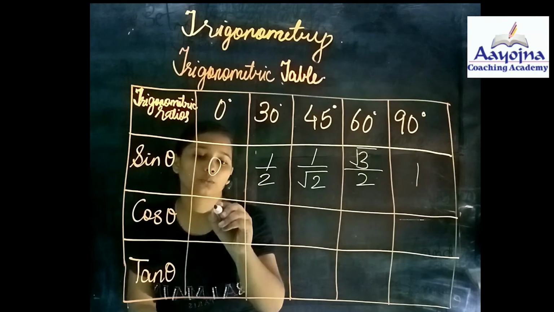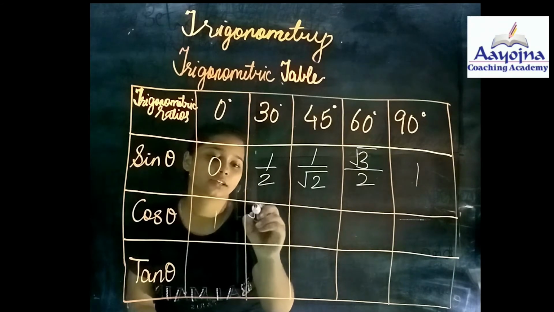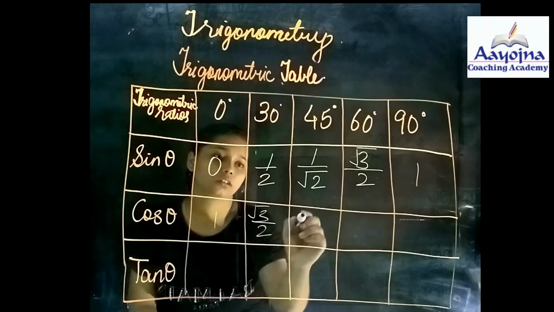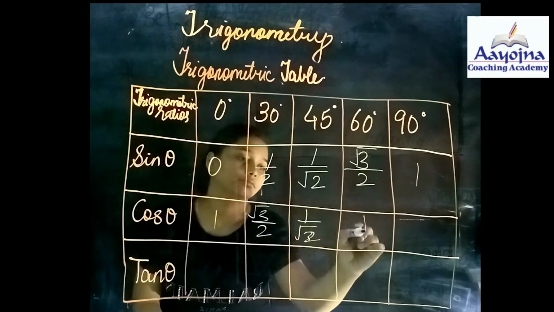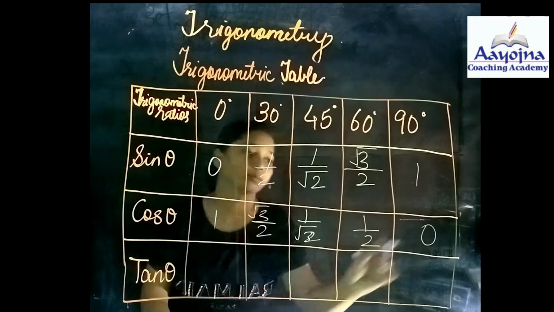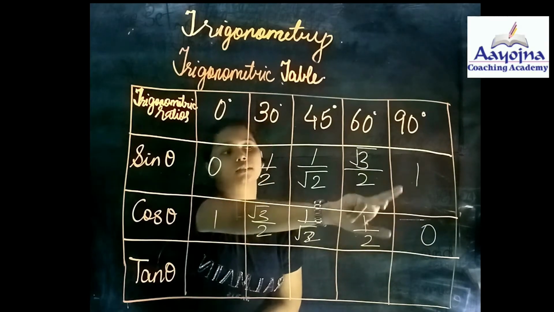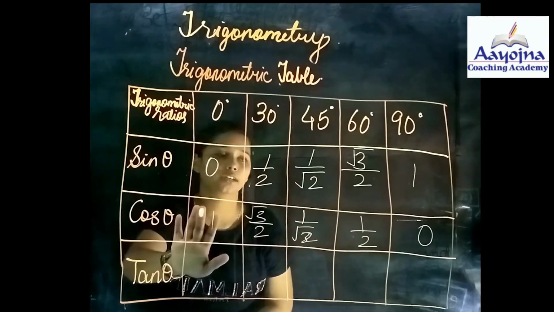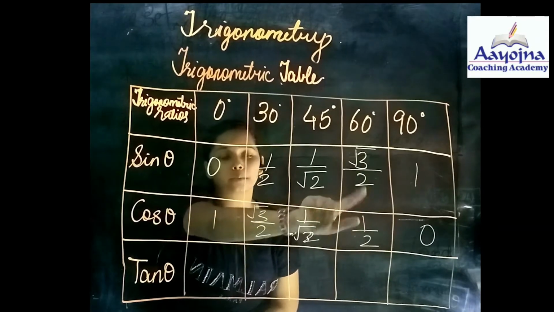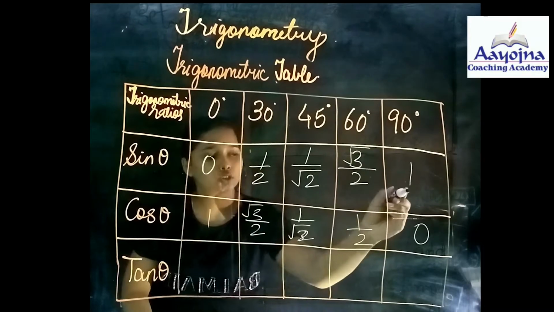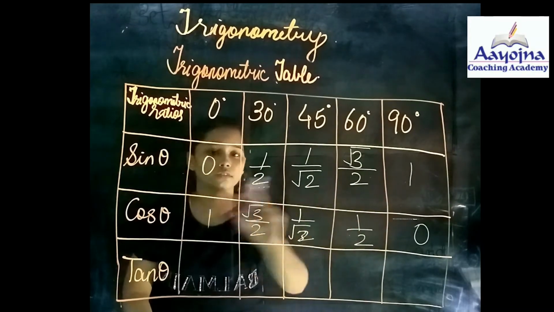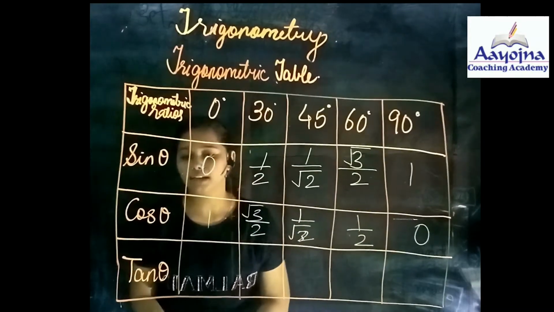So it becomes 1, root 3 upon 2, 1 upon root 2, 1 upon 2, 0. Here 90 degrees is 0, and 0 degrees is 1. Root 3 upon 2 is for 30 degrees. So it is just the reverse of the first one, that is sin theta.